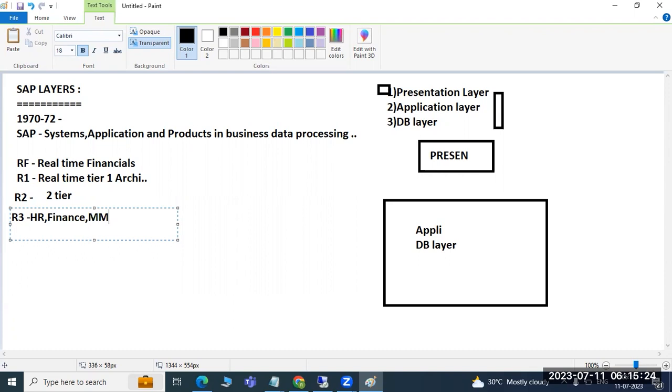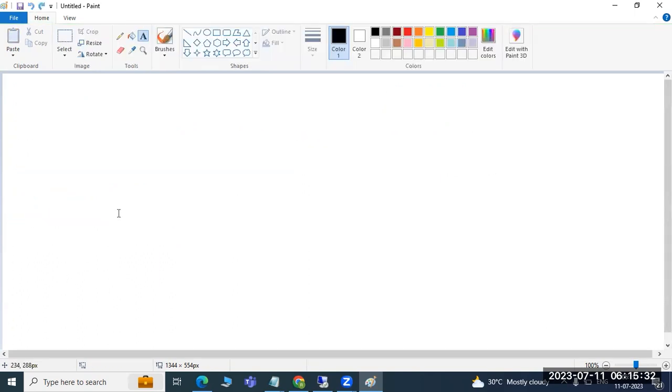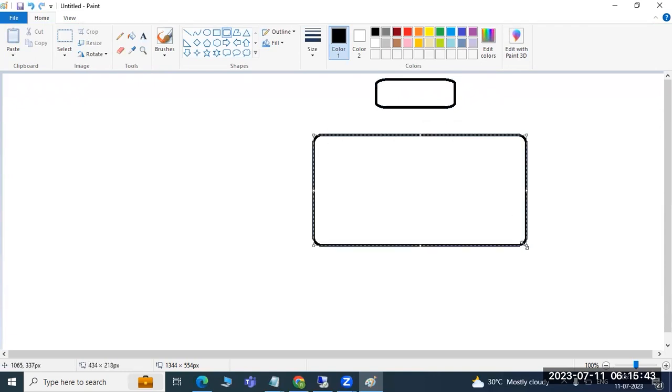So when they changed to the client server architecture, how did it look? Earlier they had all three layers in one box. Now there is one box for the presentation layer, then the application layer and the DB layer.